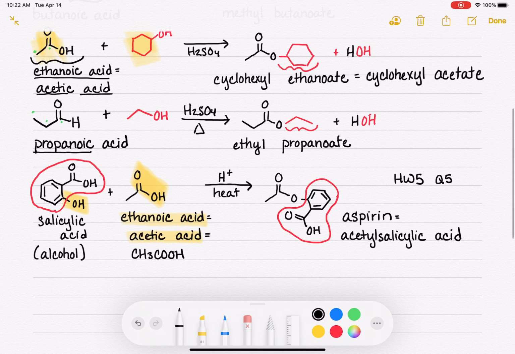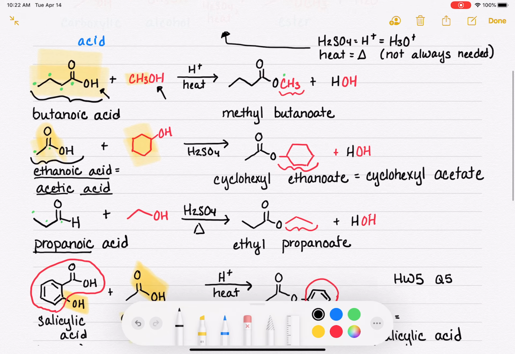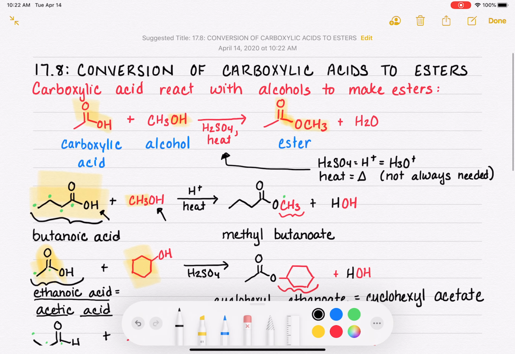And then it asks you to draw the structure of the aspirin product. And then the last part of that question, it asks you what type of functional group was added in order to form acetyl salicylic acid. What functional group did you create? Well, in all of these reactions, the functional group that we're creating is the ester functional group.